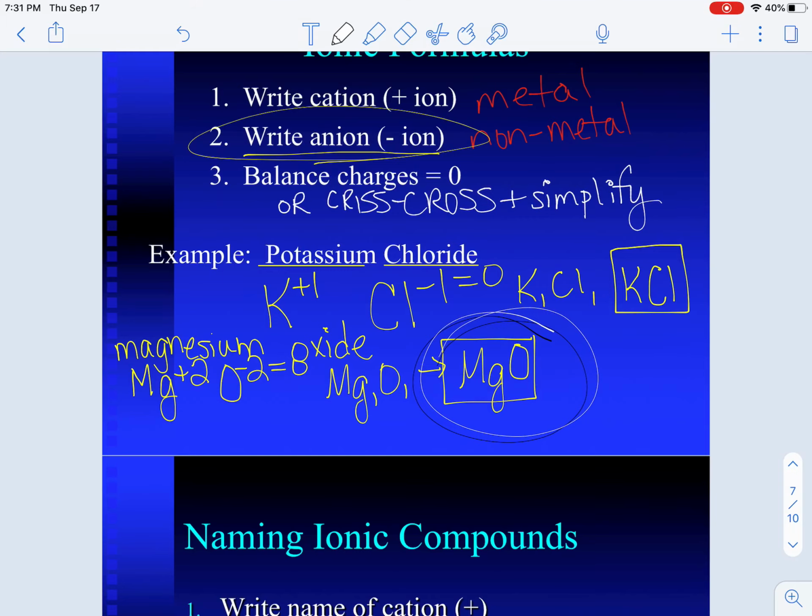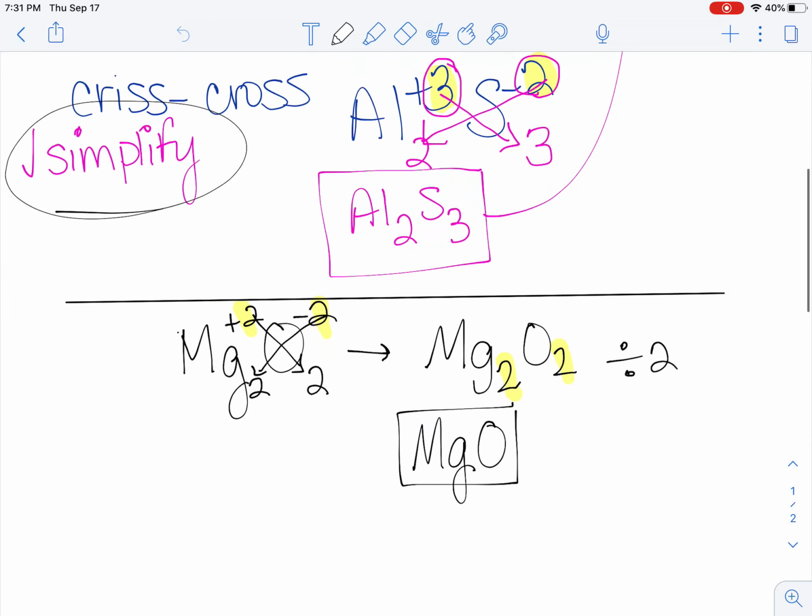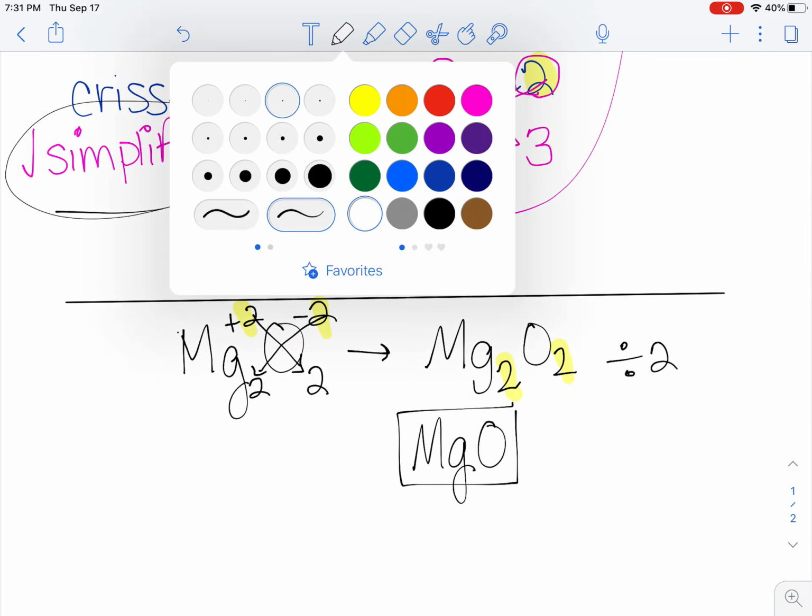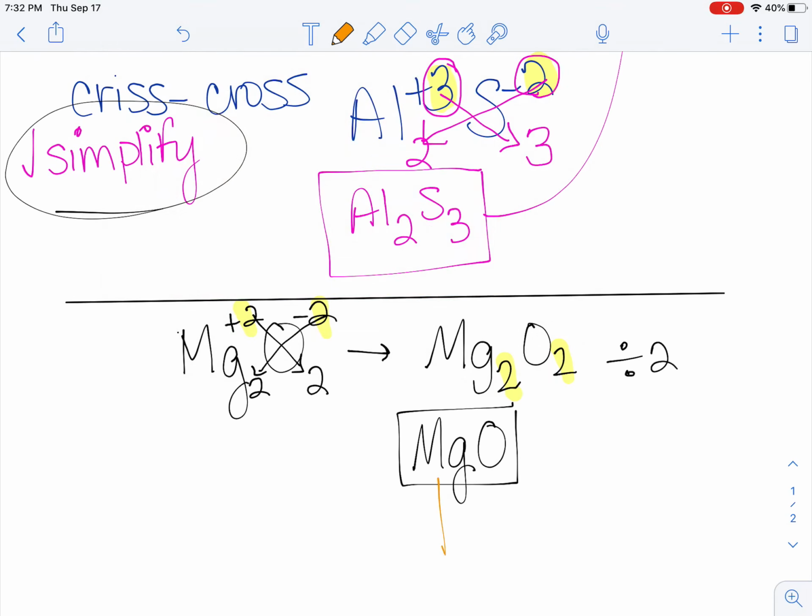One last thing I do want to point out, these subscripts are how many atoms are in this final compound. So in this compound here, there is 1 magnesium atom and 1 oxygen atom. In this compound before, 2 aluminums and 3 sulfurs. That is how you write an ionic formula.